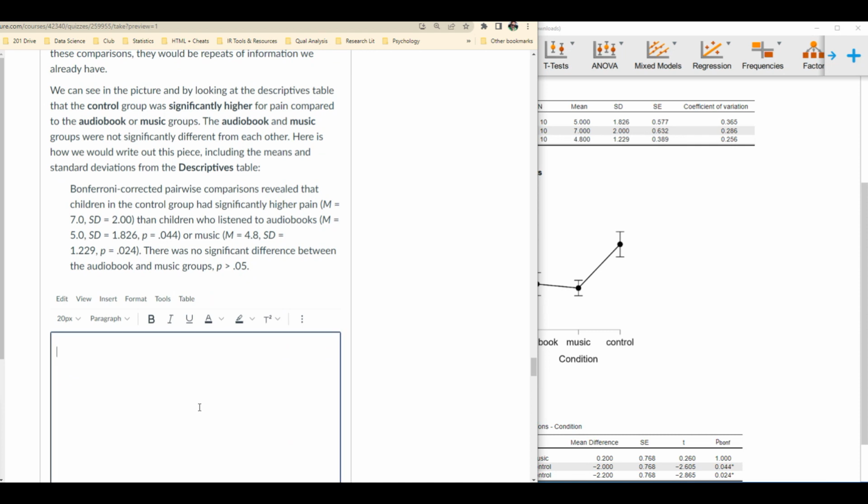Okay. So let's see if I can, I know it's written there, but I'm going to try to just do it again from my brain. So Bonferroni corrected. That always makes me think rice-a-roni every time.